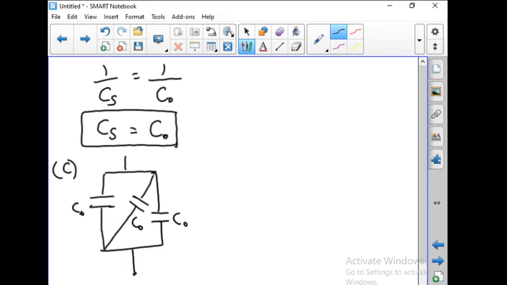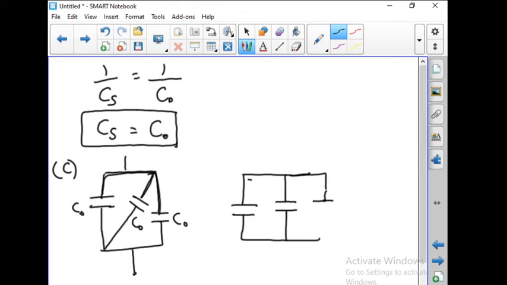So how can we redraw this diagram? Because it is very difficult to identify what type of connection this is. Here, if you see, this side is connected with these two capacitors, is it not? Therefore we can rearrange this diagram like this. They are connected in parallel. This is the equivalent circuit.